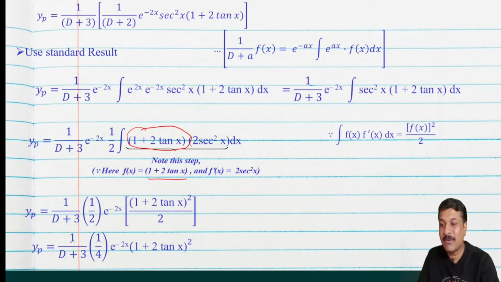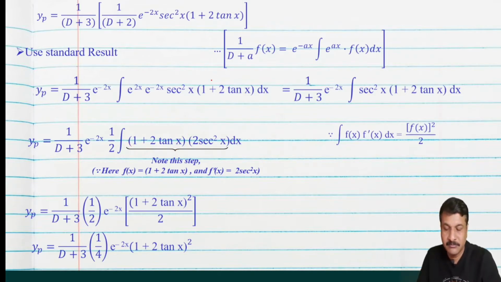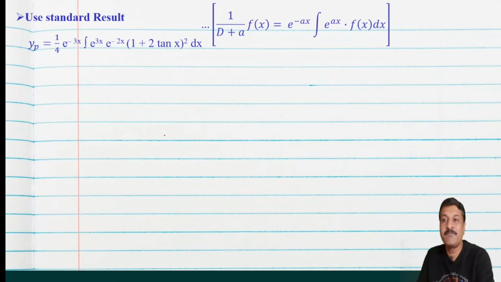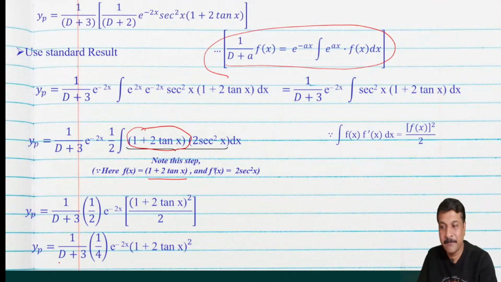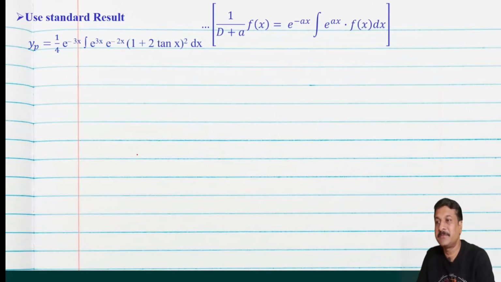Now again this 1/(D + 3) operates on this. I can use the same formula here. How? I am getting same sign inside, opposite sign outside. So what is outside? Here D + 3 means e^(3x) inside and e^(-3x) outside. So I am getting this much.